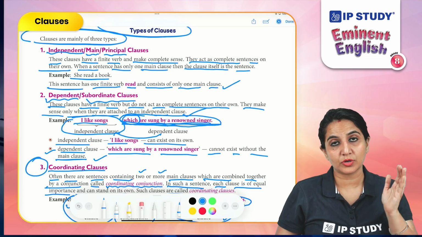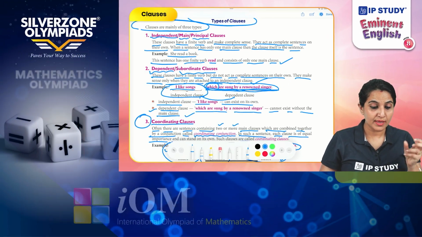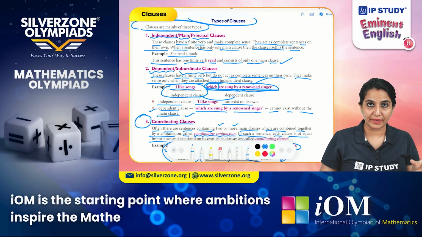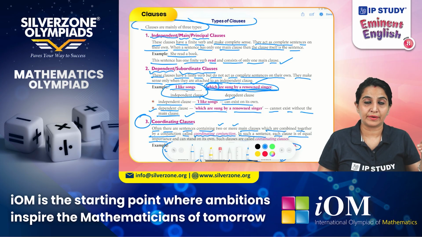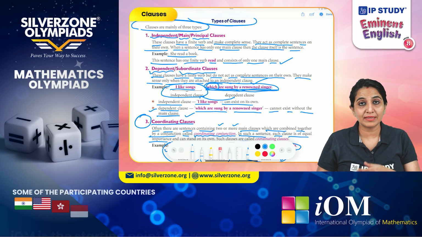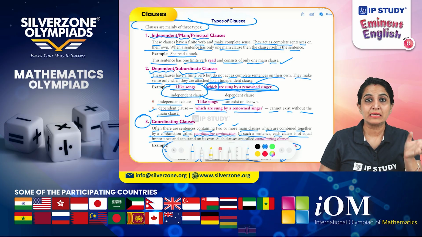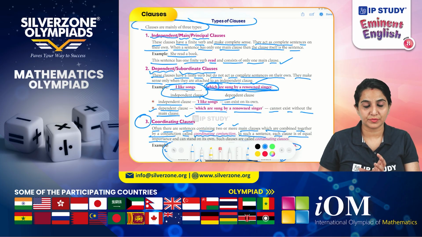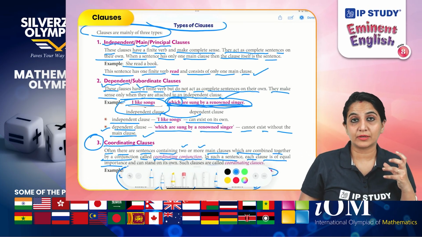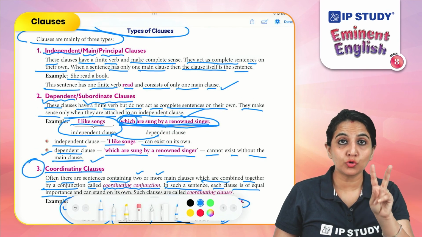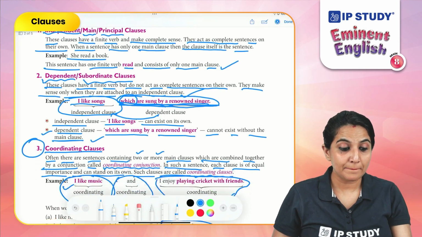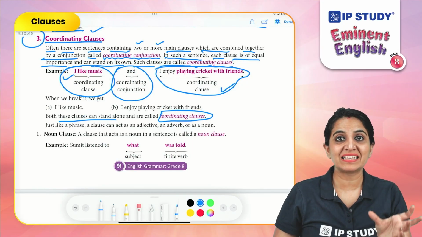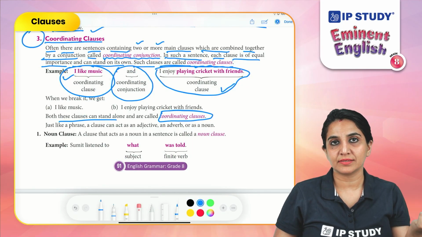Subordinate clauses or dependent clauses are those where we have one independent clause and the other clause is dependent on the independent clause. Coordinating clauses are those where we have two independent clauses. That means both the clauses make complete sense on their own.